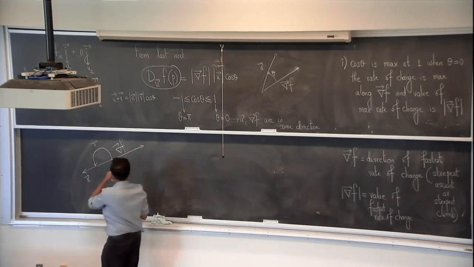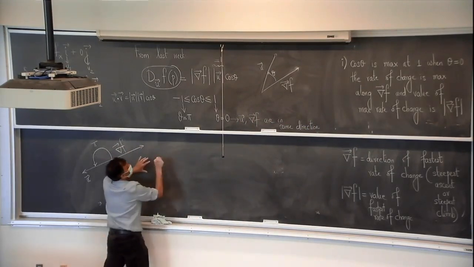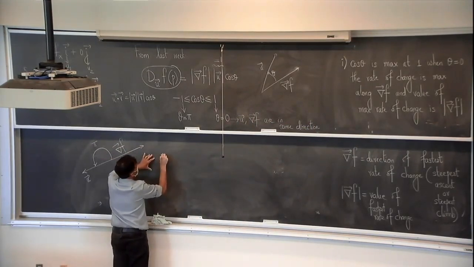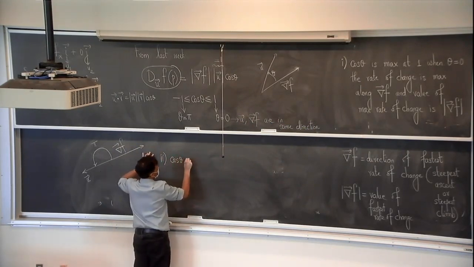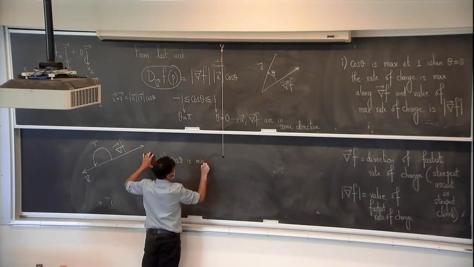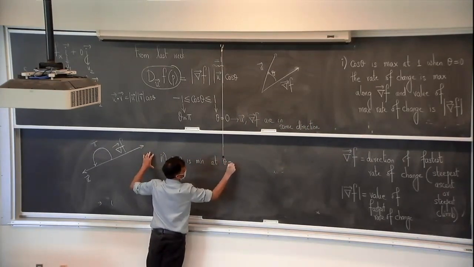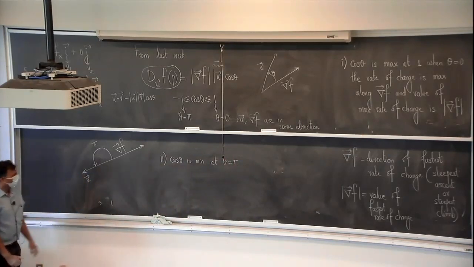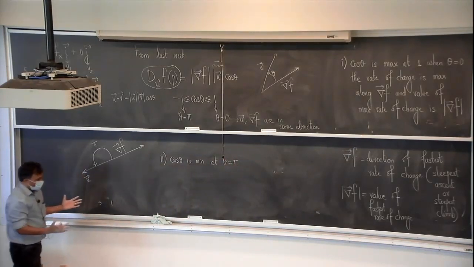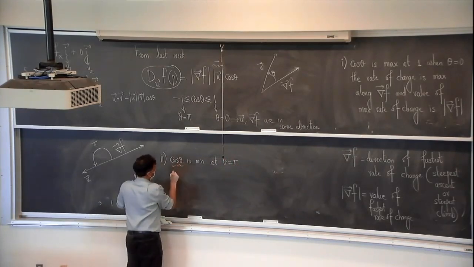Now we are opposite. So point 2: cosine of theta is the minimum at theta equals pi. That is the least value you could obtain, and that is equal to -1.